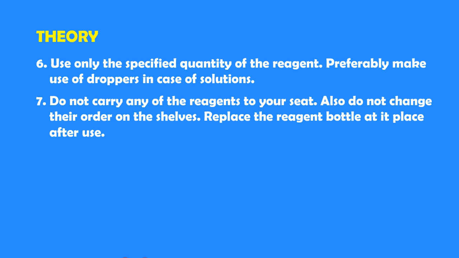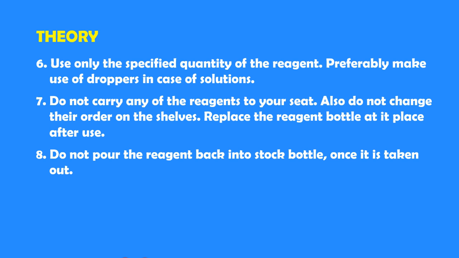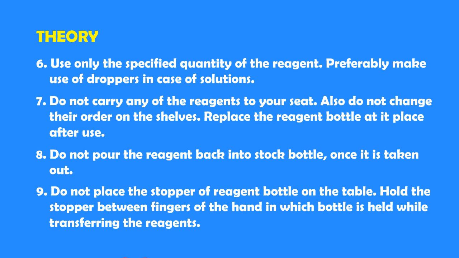Do not carry any of the reagents to your seat. Also, do not change their order on the shelves. Replace the reagent bottle at its place after use. Do not pour the reagent back into the stock bottle once it is taken out. Do not place the stopper of the reagent bottle on the table. Hold the stopper between fingers of the hand in which the bottle is held while transferring the reagents.